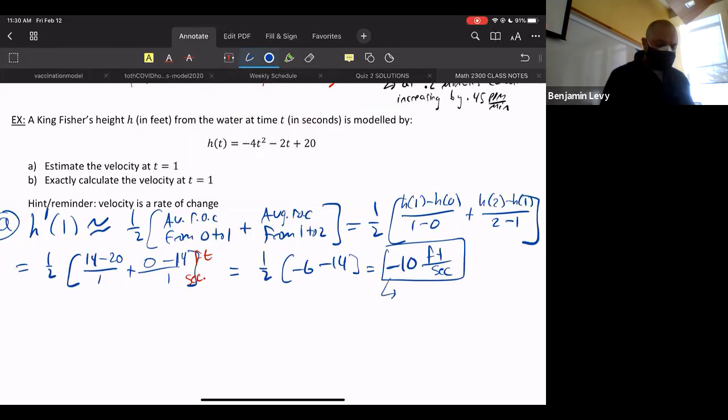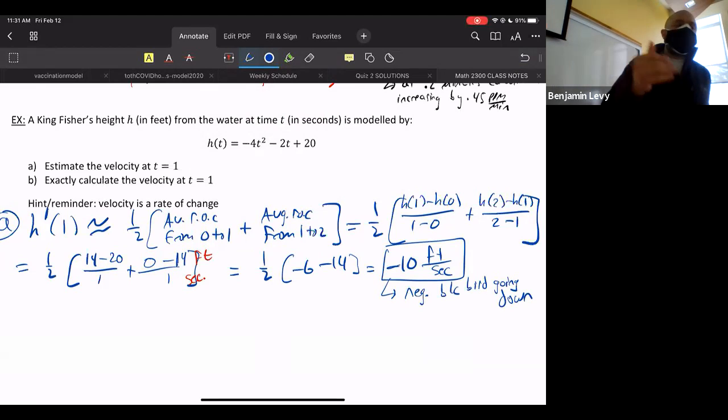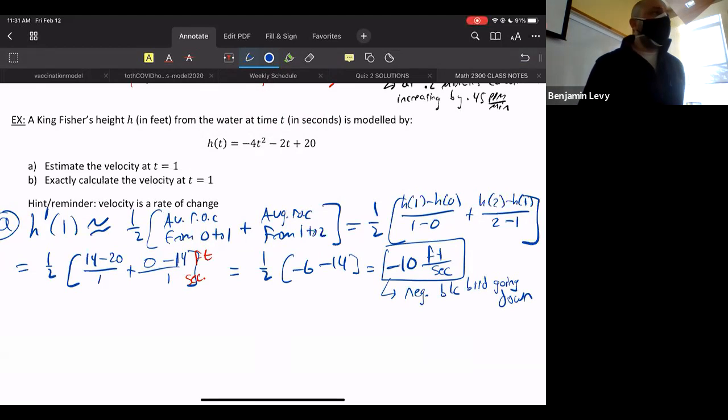I'll just remind you, it's negative because the bird's going down. And it just happened to be the same as it was last time. It was total coincidence. Usually not the case.